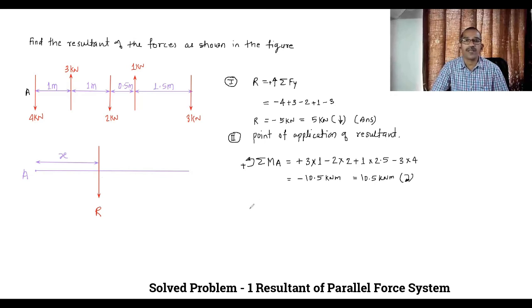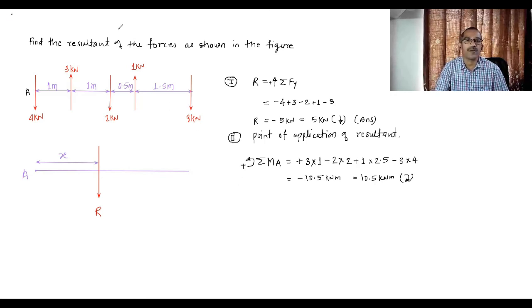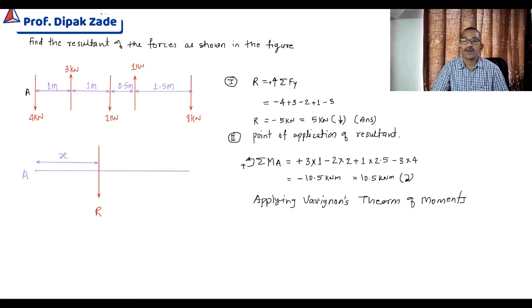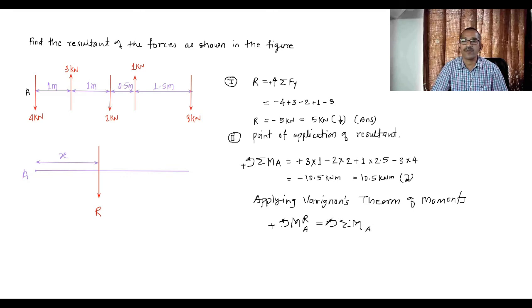Now we'll apply Varignon's theorem of moments. In equation form: moment of resultant about point A, taking anti-clockwise moment positive, equals the sum of moments of all forces about the same point A, taking anti-clockwise moment positive.